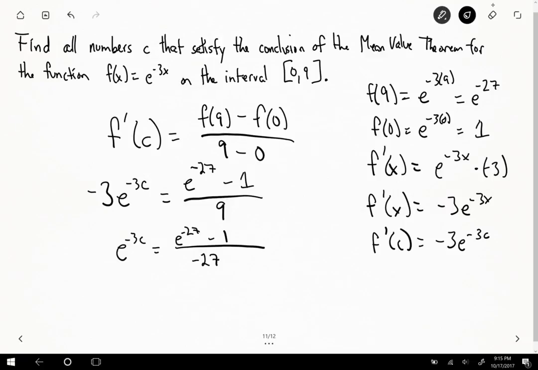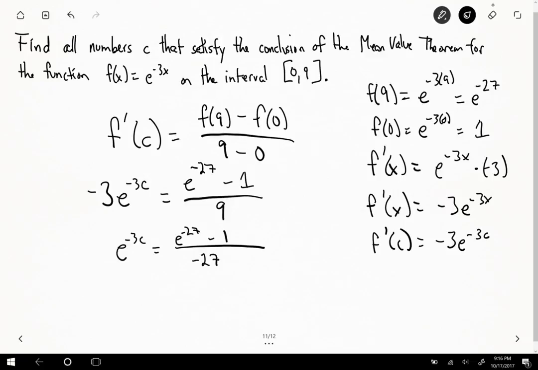And you might be concerned because when we take a natural log of both sides, you need a positive number, right? A non-zero number, and it must be positive in order to take a natural log of both sides. Well, if that's the case, we might be concerned, but e to the negative 27, remember that's 1 over e to the 27th power, and then minus 1, so that 1 over e to the 27th is some number between 0 and 1, then you subtract 1, you're good there.